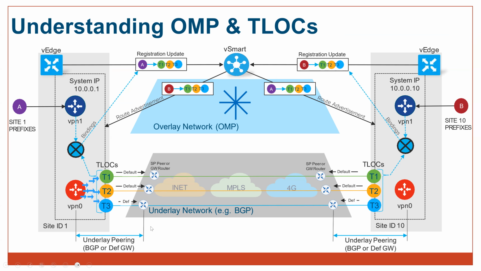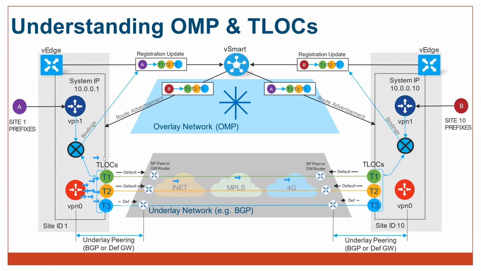Now different ISPs, internet, MPLS and 4G, have different colors. We have color marking. So blue one is for 4G, this orange one is for internet, and this green one is for MPLS, like that you can see.